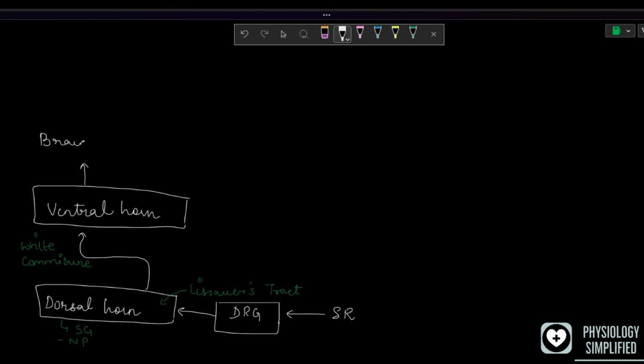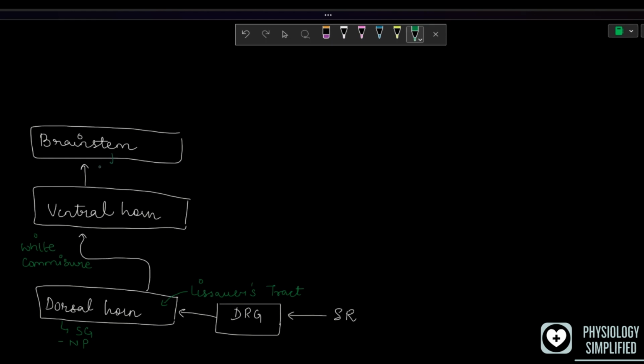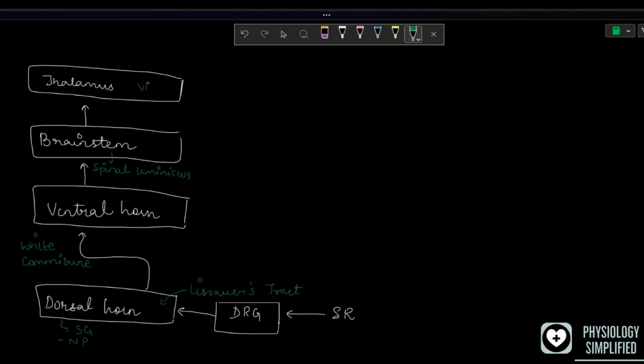In the brainstem, they change their name to spinal lemniscus because various other tracts also join the spinothalamic tract. Exiting the brainstem, the neurons will further travel to the thalamus, more exactly to the ventral posterolateral nucleus of the thalamus.